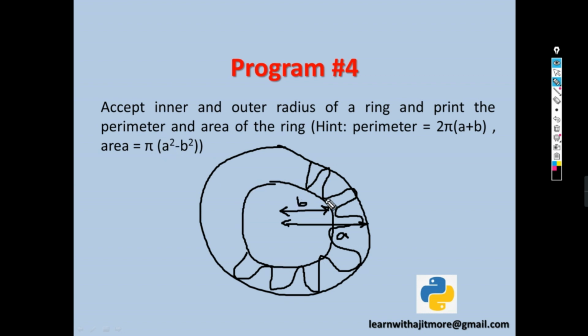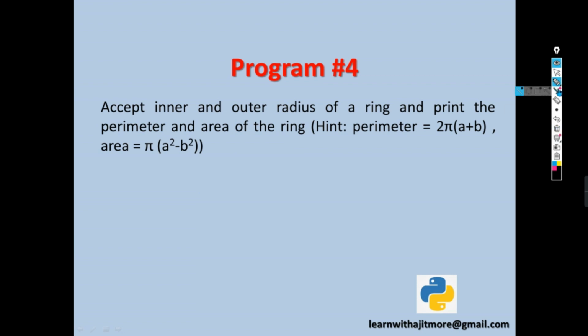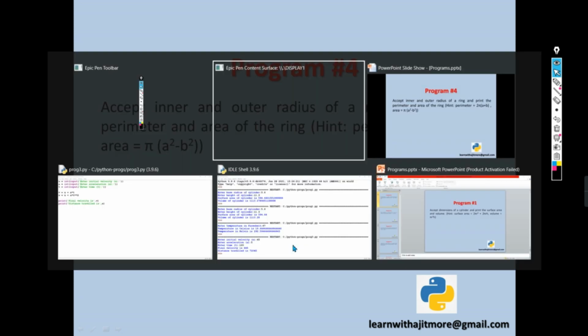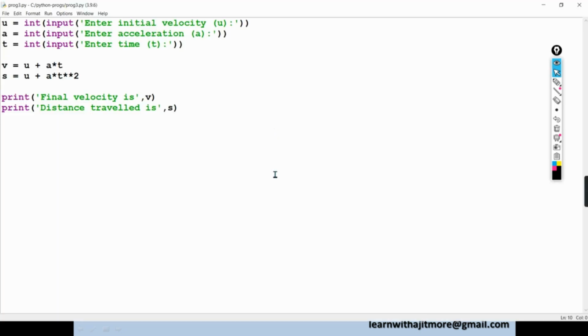And the inner circle area will be pi r square, but r is b, so pi b square. So subtract those two areas, you'll get the area of this ring. Right guys? So simple the concept is. Okay, so let's quickly solve this question as well.